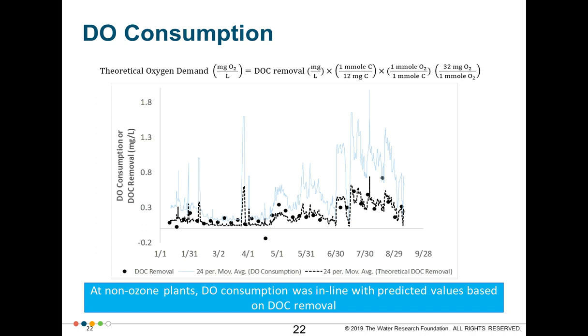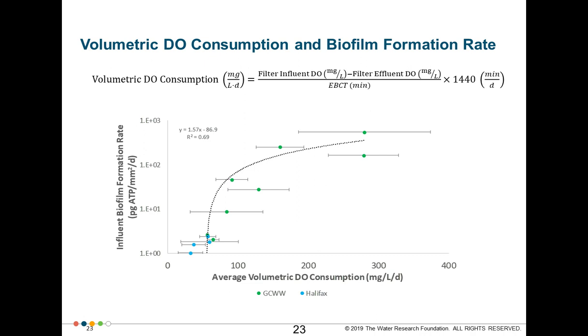If we compare that black dashed line to the actual DOC removal from grab samples shown in the black dots, you see it's pretty close. It's not exact, but it's very close in terms of predicting the values. So that's another line of evidence that we are indeed measuring biological activity, and it is related to substrate utilization.